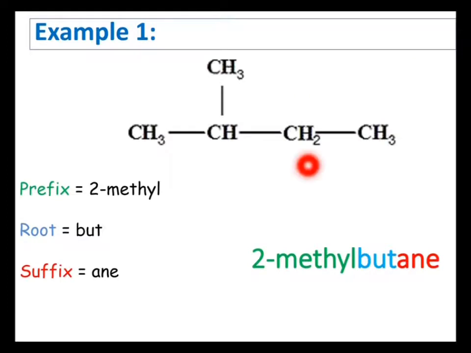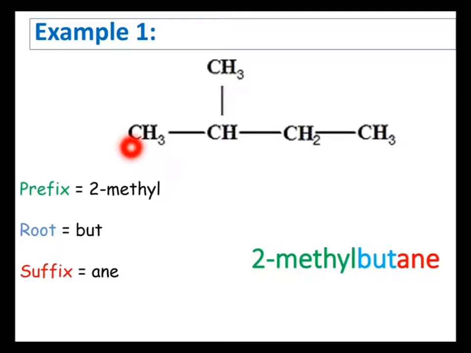Alright, so here is our first example. Okay, so check out this example very well. In naming straight chain alkanes, you first have to know your parent chain. Your parent chain is going to be the longest chain. So you can have 2 or more chains in a compound. For example, in this one, you can have 2 chains.